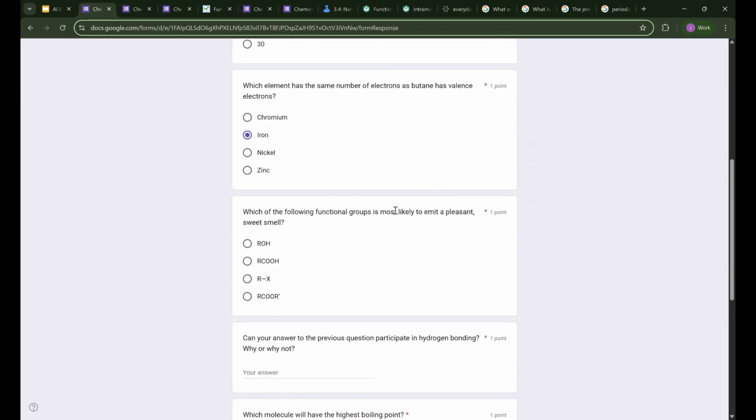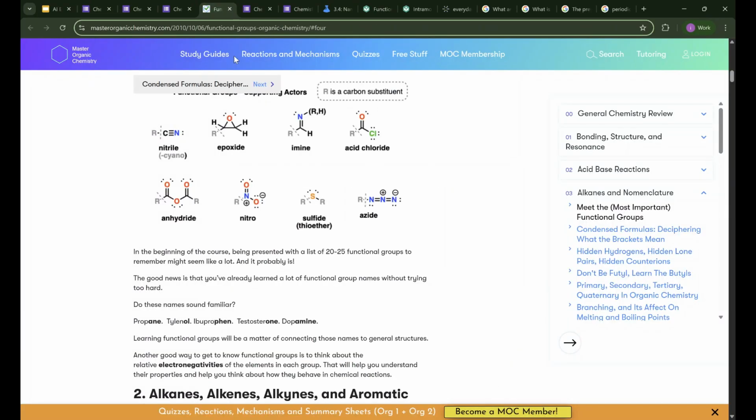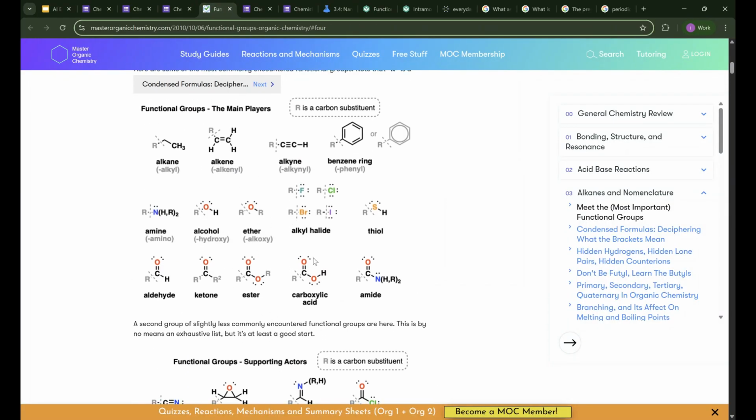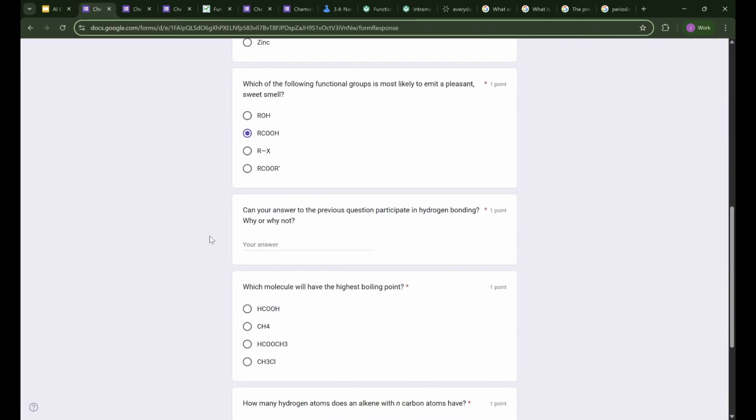Which of the following is most likely to emit a sweet smell? I think it was this one if I remember correctly. I believe that was the carboxylic acid group. Yeah, COOH. Okay, great.